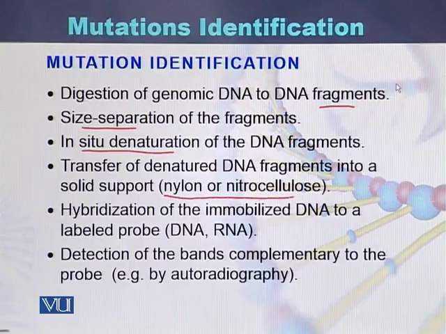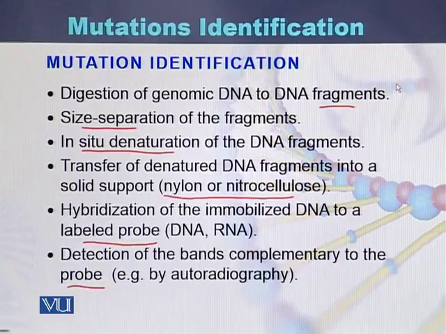The membrane can be nylon or nitrocellulose. Once the denatured DNA is transferred onto the membrane, there is hybridization of the DNA to the labeled probe, and detection of the bands complementary to the probe is performed with the help of autoradiography.